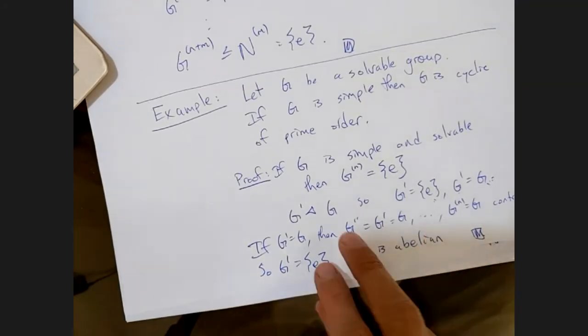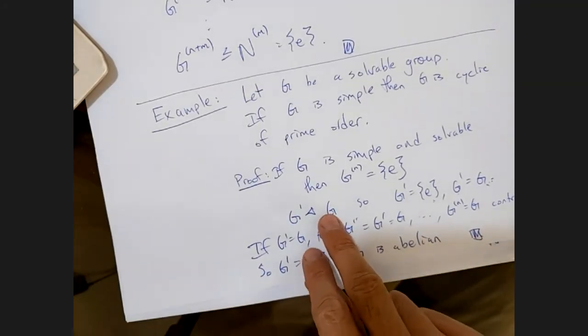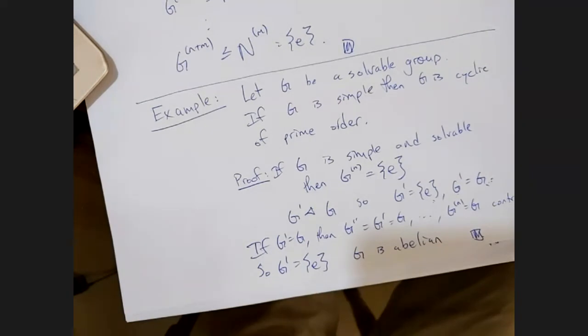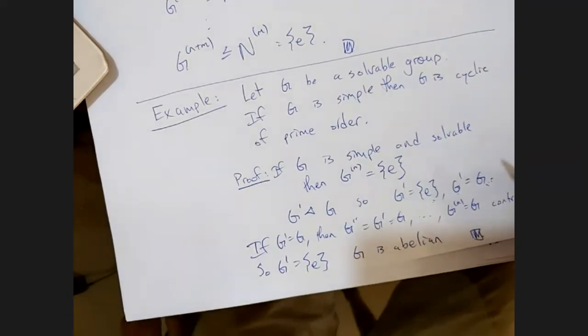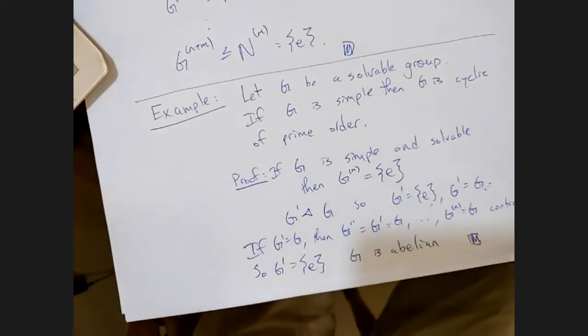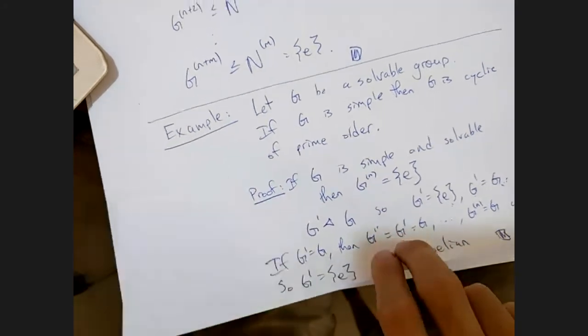In fact, you can even say that if G is a group which has a non-abelian simple group as a subgroup, then it can't be solvable. So you can do stuff like that.